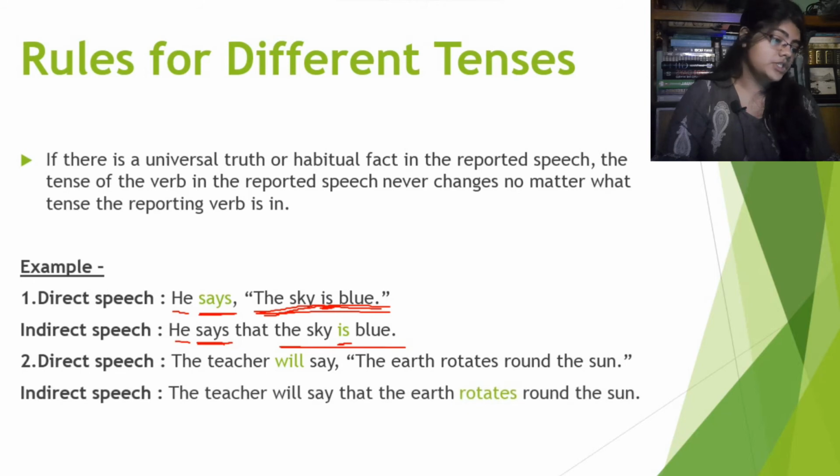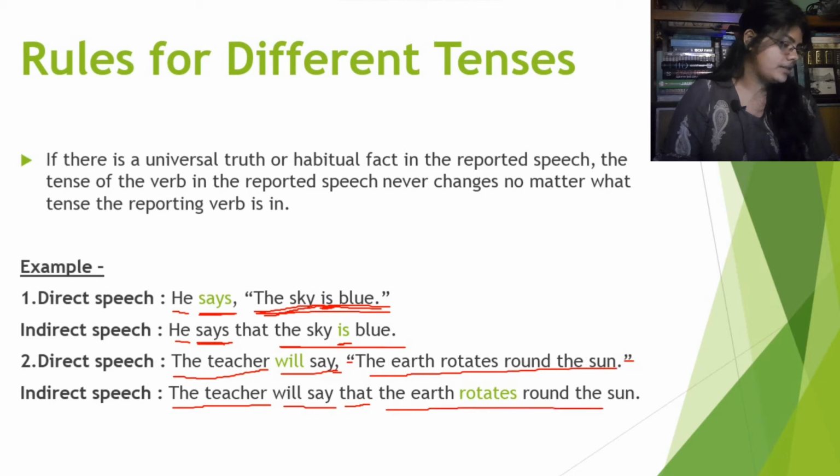The indirect speech: the teacher will say that the earth rotates round the sun. See, here the teacher will be the teacher, will say will be will say, the comma will be replaced by that, and inverted commas will not be used. Now we can see that the earth rotates round the sun is exactly how it is in the indirect speech as well.